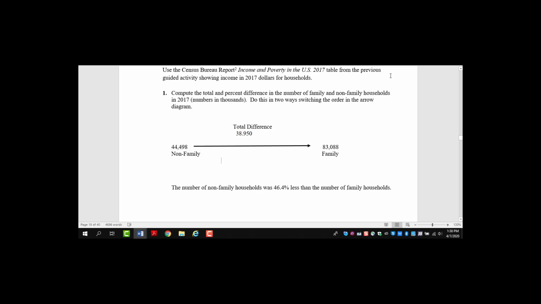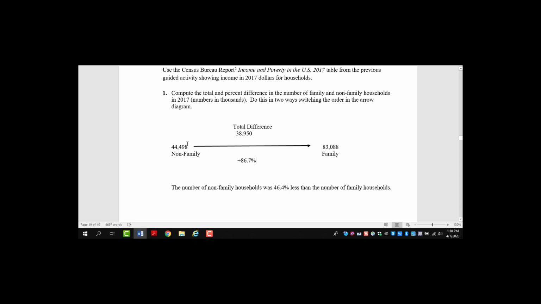Scale to 100. And if you do it, you're going to get a positive 86.7%. Just as you can do it either way.